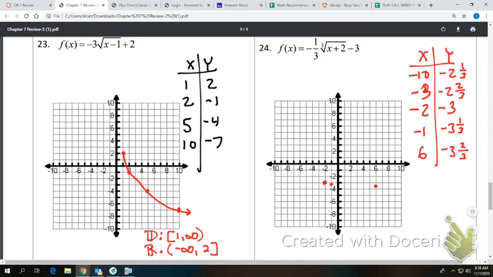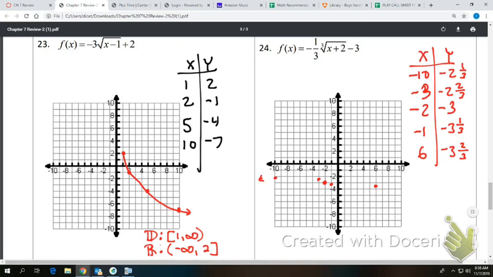Following what I'm doing? Other way, I'm going to go -3, -3 and -2 and 2/3 is like right there. And then -10 and -2 and 1/3 there.